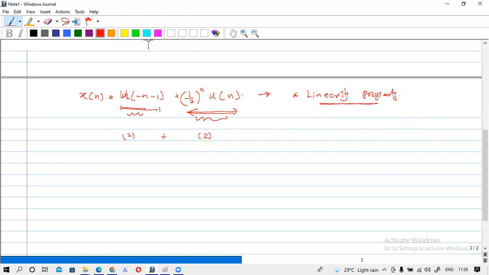So we need not struggle to find the composite Z transform. We can easily find the Z transform of these individual terms, and then we get the composite Z transform simply by adding them. So that is the second point.